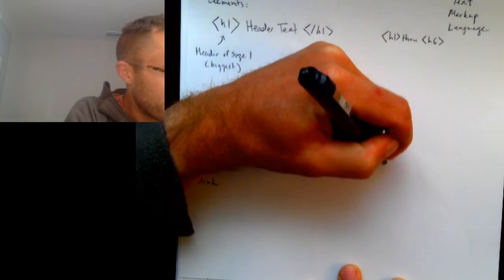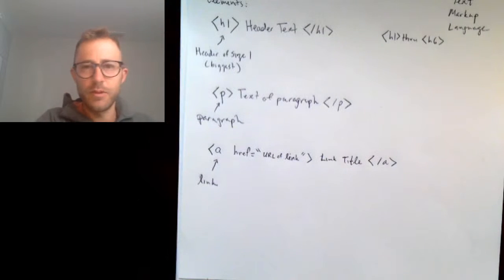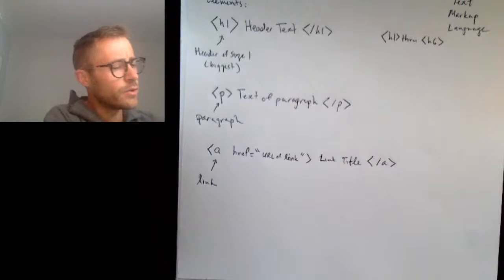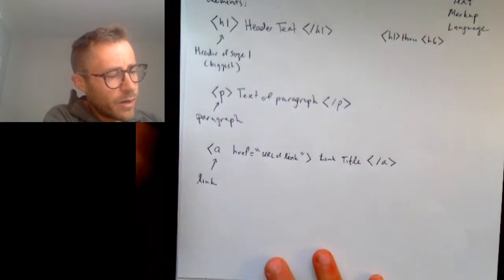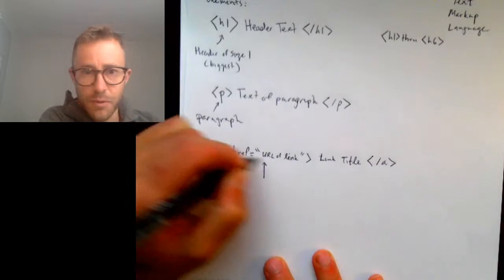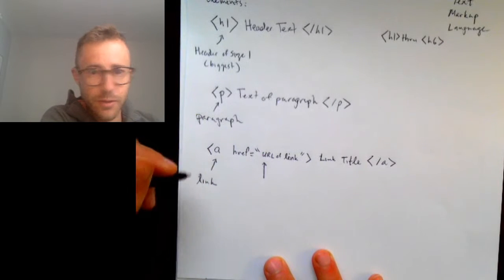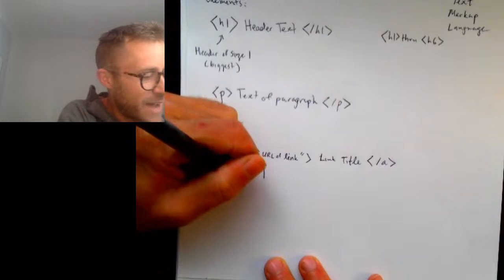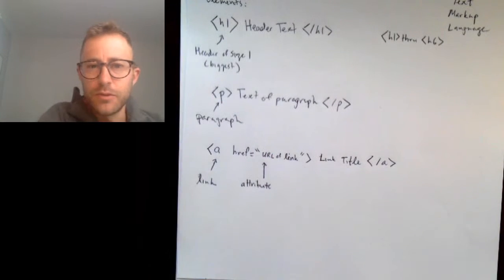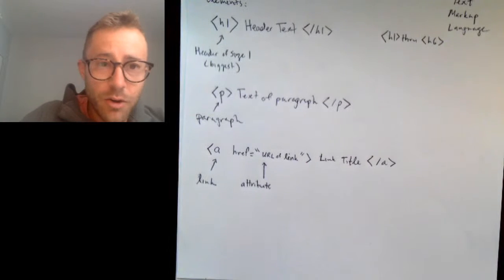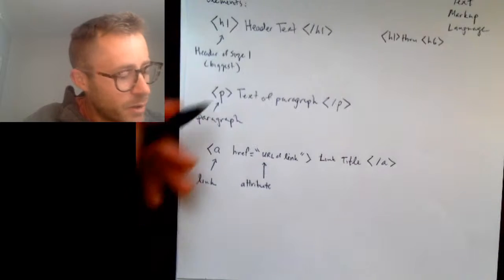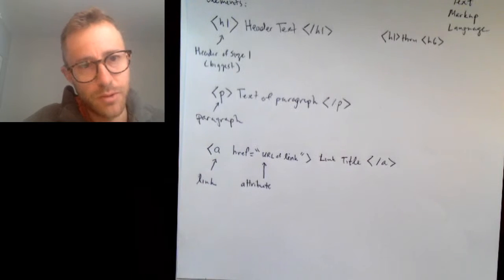And then you have the closing. So this extra information that's inside the first set of angle brackets is called an attribute. So an element may or may not have an attribute. So for example, paragraph here does not have an attribute.